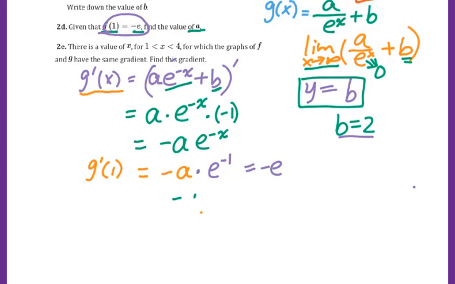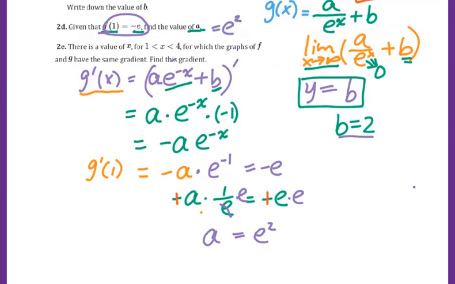So we get negative a times 1 over e equals negative e. Multiply both sides by negative 1 to turn them positive. Then get rid of this e by multiplying both sides by e. Therefore, we get a equals e squared.